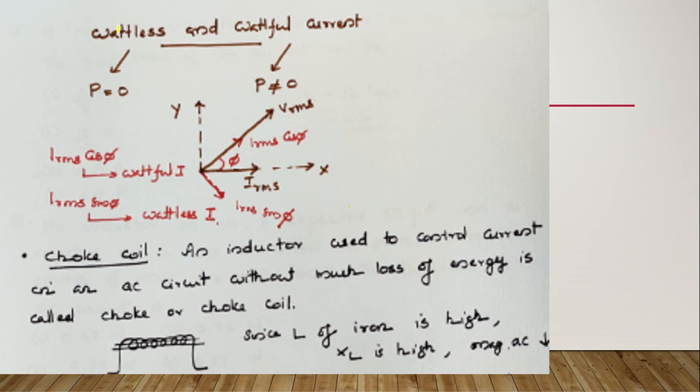See the wattless and wattful current. Suppose this is IRMS, the current direction, and this is the net potential VRMS. We can divide that IRMS into two components. We can split them: one part is along the VRMS and another one is perpendicular to it. In power, which is a dot product, if the component makes an angle of 90 degrees, there is no power.